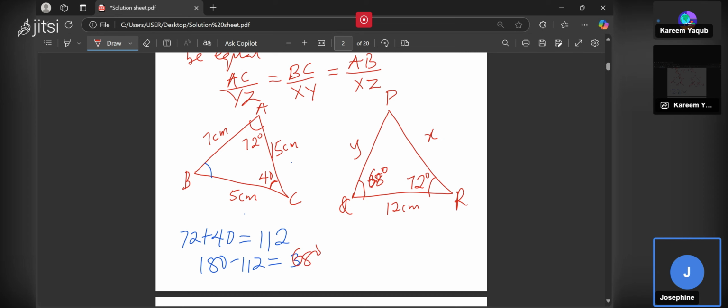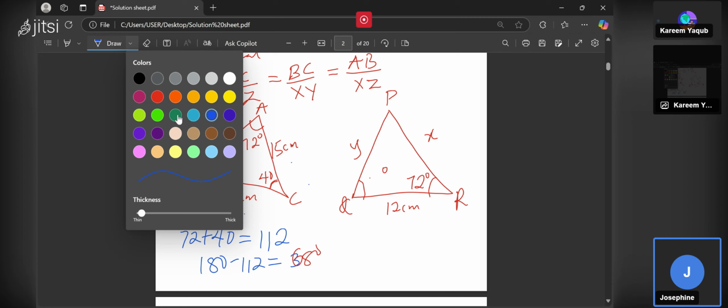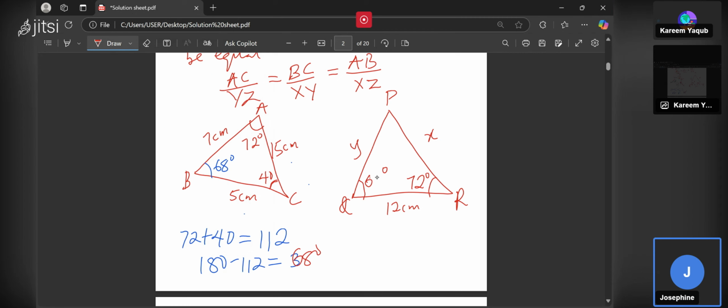So the angle we have here is 68 degrees. Do you understand what I did there? Yes, we have to look for the third angle. Good. So we have 68 here.